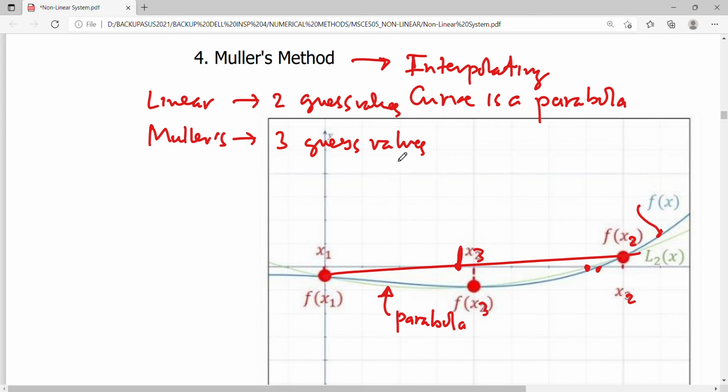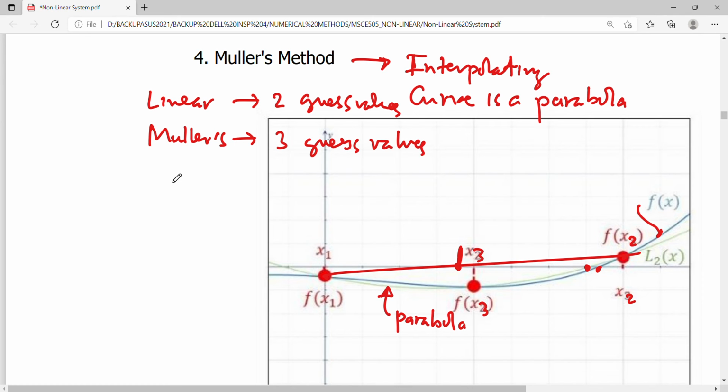The third or middle guess value does not necessarily mean the midpoint, but of course the easiest way to find a third value is to take the midpoint of the two endpoints. Kaya dito nag-x1, x2, x3 siya.